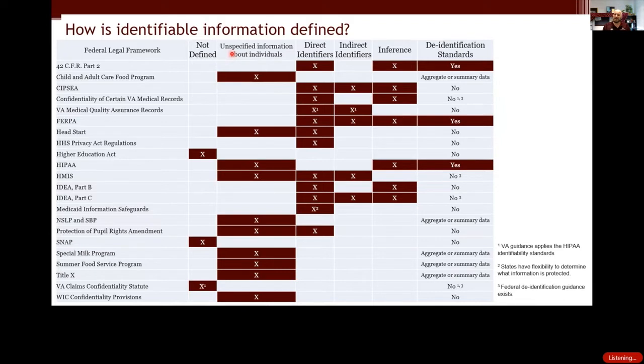So if it either meets the definition or if it doesn't, it can matter a whole lot whether the law applies. If there are specific de-identification standards, that's another way to take information that's protected and remove all or some of the legal protections associated with it by applying the legal de-identification standards.